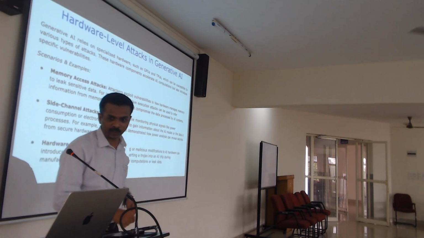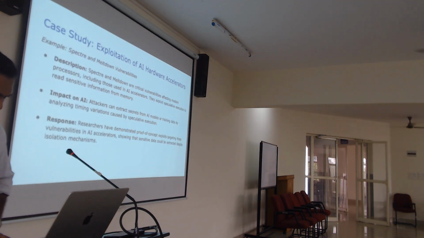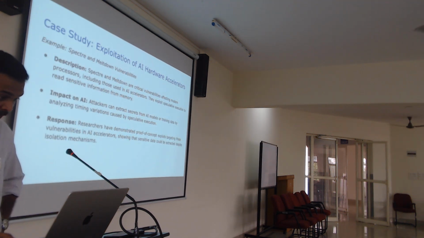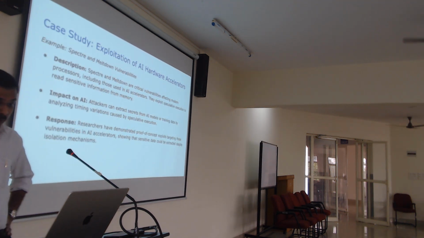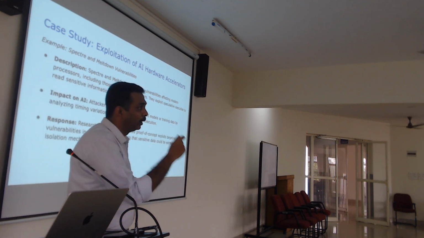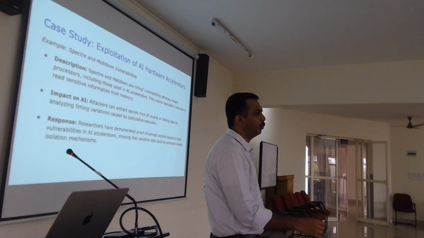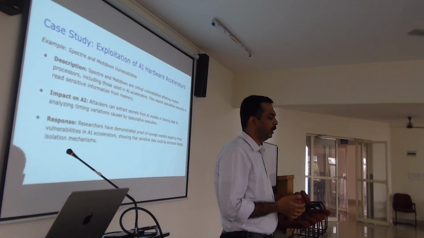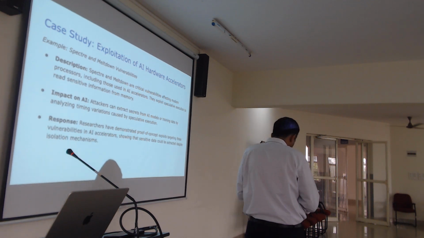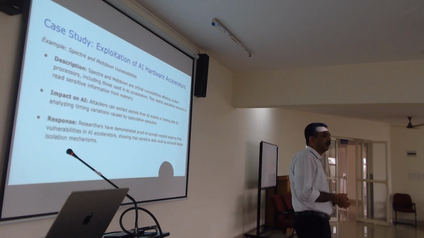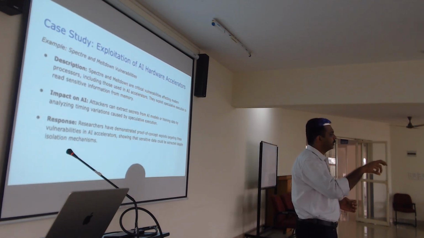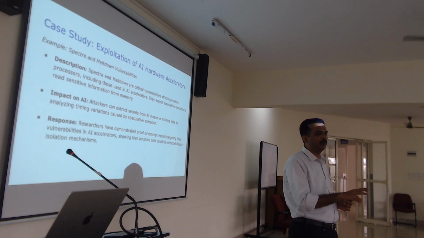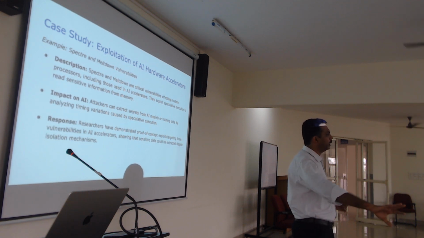The memory access attack, I will give you an example here. You have something called the Spectre and Meltdown vulnerability. Whenever you want to access a hardware, you call the register memory, right? You want to access a register. Whenever an application wants to access a register, if it is eligible, it will give you the permission.